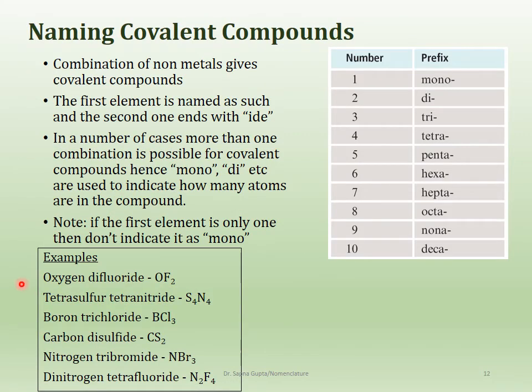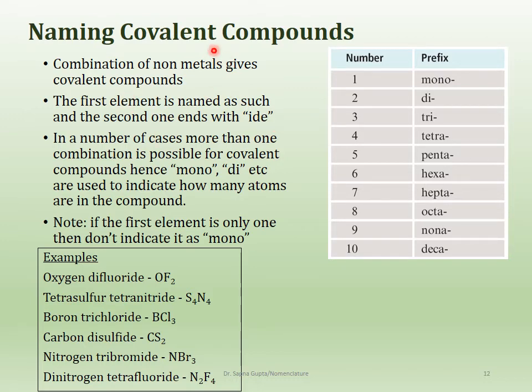Let's talk now about naming covalent compounds. Covalent compounds are sharing electrons. So there is no give and take, okay? It's sharing. And we will talk about bonding later on also. But anyhow, the nomenclature standards are pretty much the same, meaning that the first element name is as it is, but the second one will end with an "ide," just like we did for the ionic compounds.